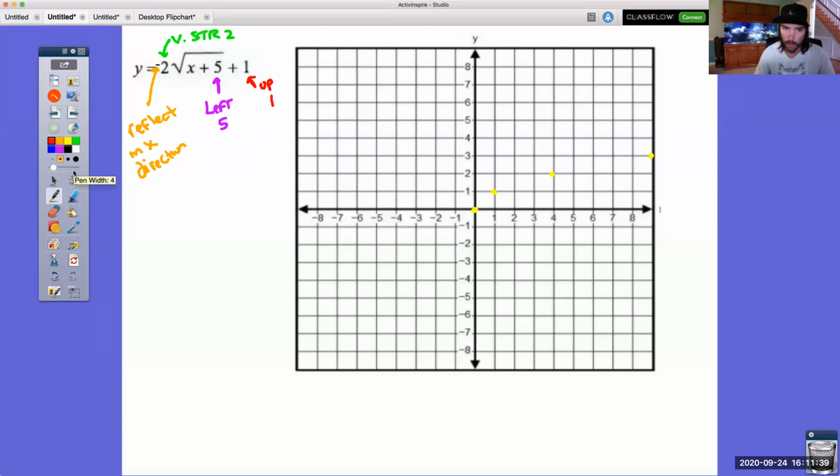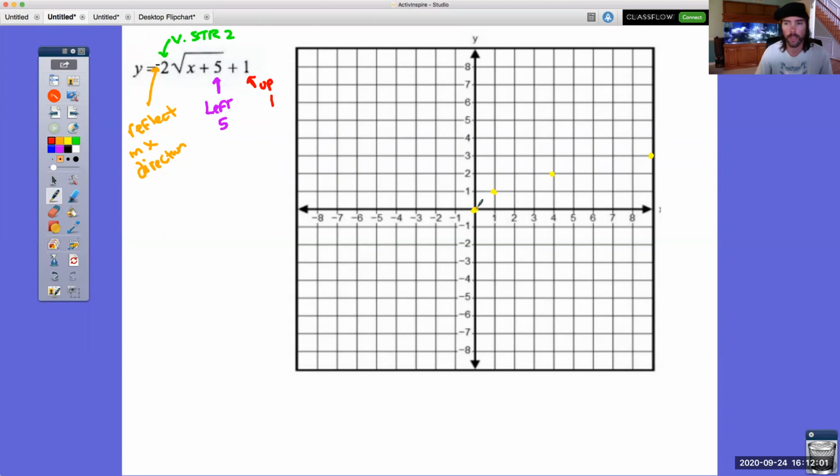Okay, watch my pen closely. I got 4 things to do. I'm going to count them out and say them out at the same time. 0, 0. Flip it, stretch it, left it, up it. That's bad grammar. That's what I'm doing. When I flip it over the X, I can't do that because it's on the X. So when I flip 0, 0 over 0, it stays at 0.